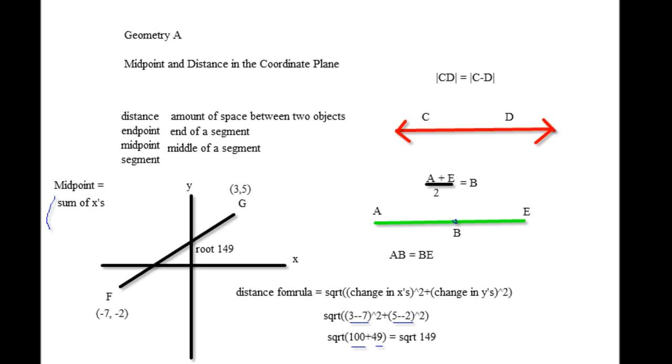Okay, so you're going to add up the x's and you're going to divide by 2. And this is going to be comma. Sum of y's, and you're going to divide by 2.